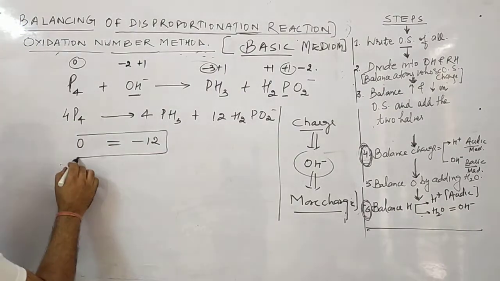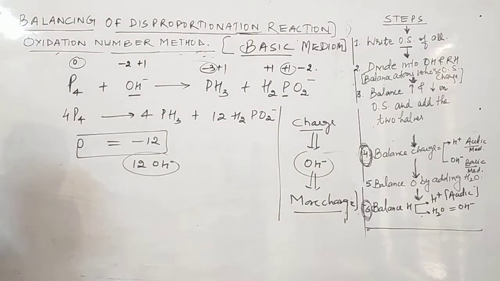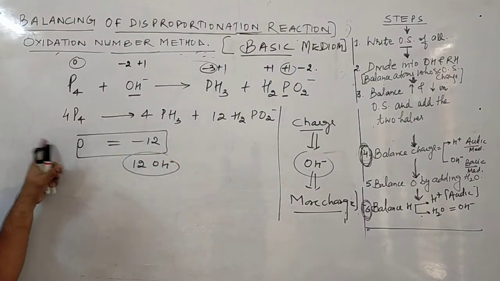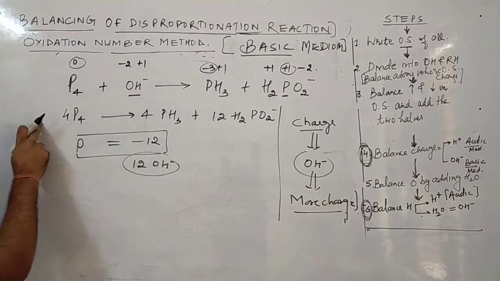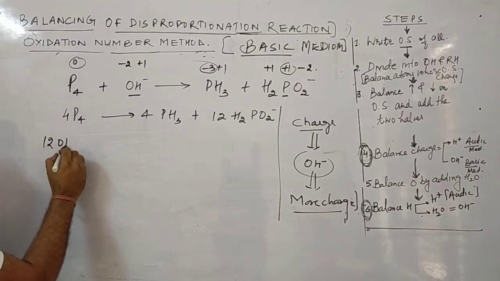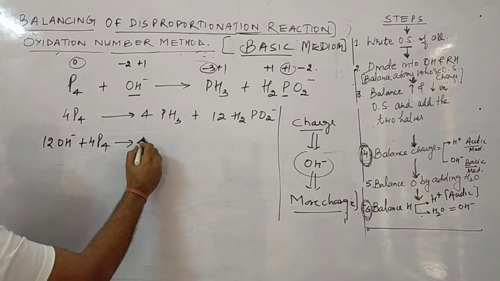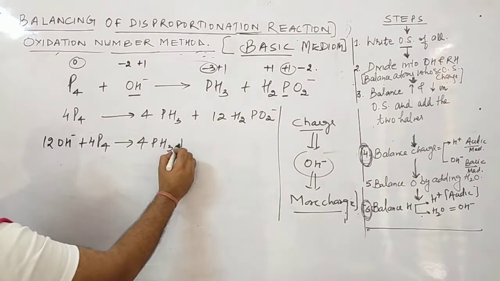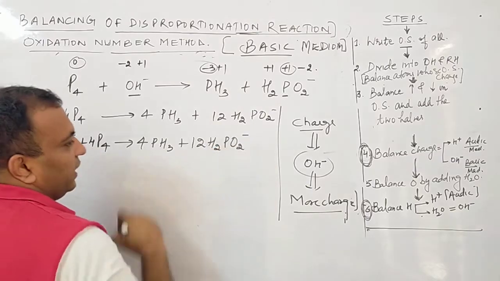So what I have to add? 12 OH negative. Which side? Right or left? यहाँ पे 0, यहाँ पे 12 है, तो बड़ी वैल्यू कौन सी है? 0. So यहाँ पे हम ऐड करेंगे 12 OH negative. 12 OH negative plus 4P4 giving you 4PH3 plus 12H2PO2 negative.